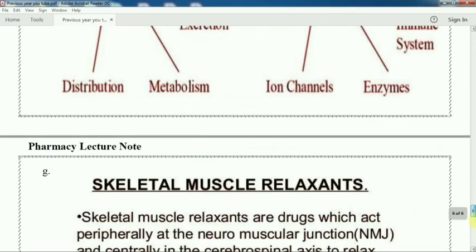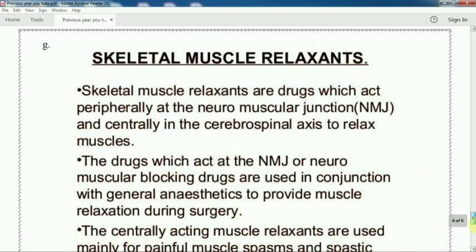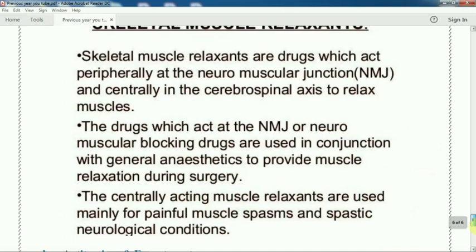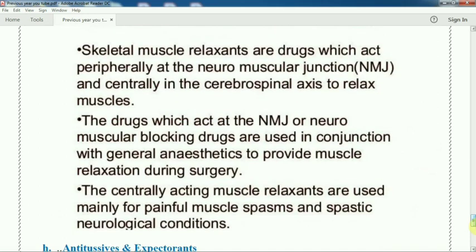Now comes to the skeletal muscle relaxants. Skeletal muscle relaxants are the drugs which act peripherally at the neuromuscular junction and centrally in the cerebrospinal axis to relax the muscle. That means the main purpose is relaxation of the skeletal muscle, which is mainly present peripherally.